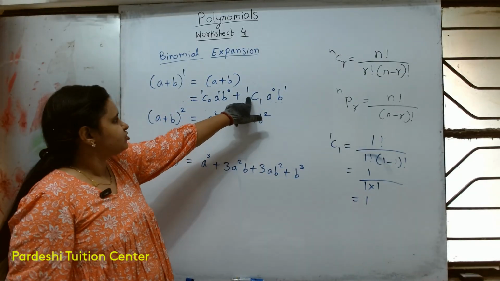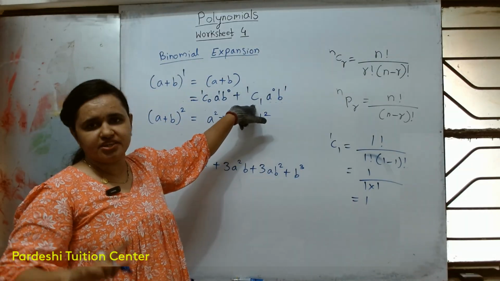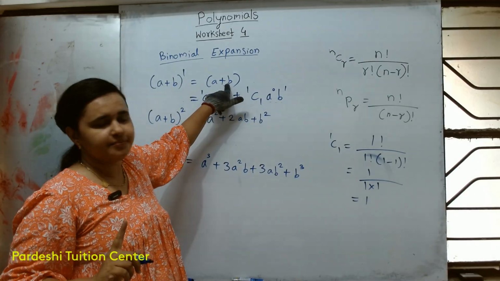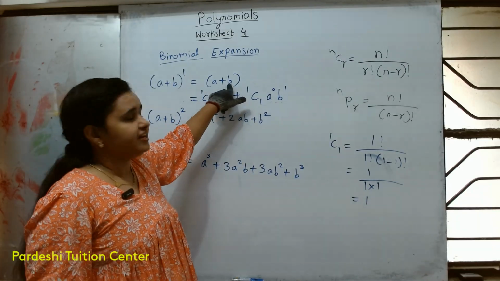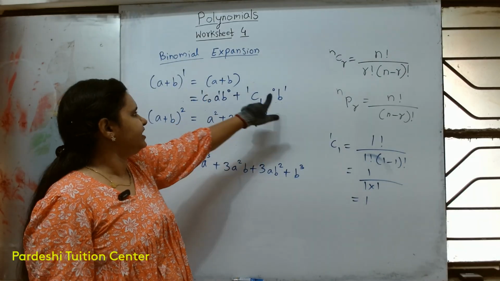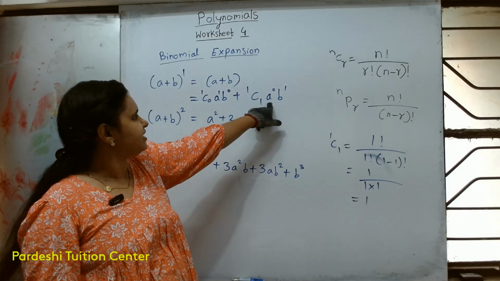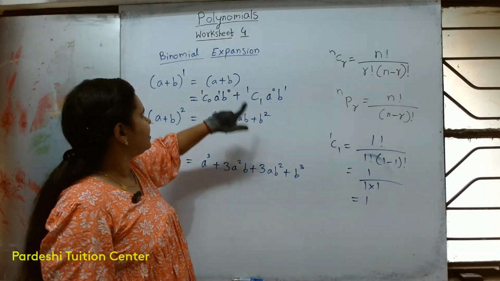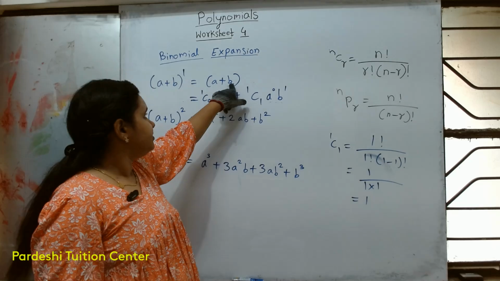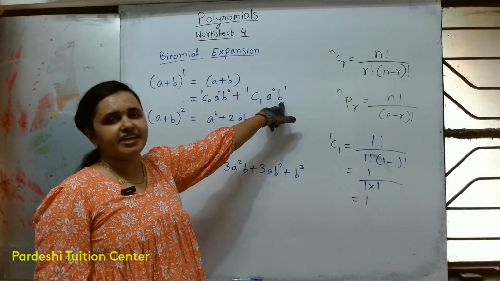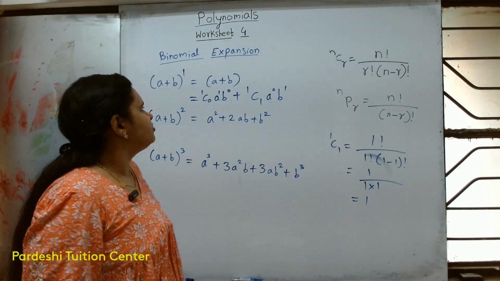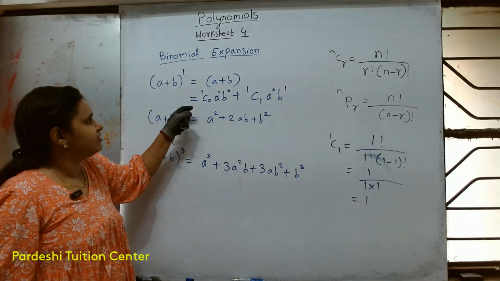So if I put 1c1, the coefficient here is 1 only. Now, is a present here? No, a is not present here, so I will write it as a to the power 0. Now b is present here and b's power is 1, so I can write it as b to the power 1. Now, can you see the series?